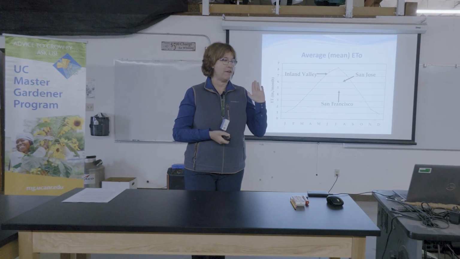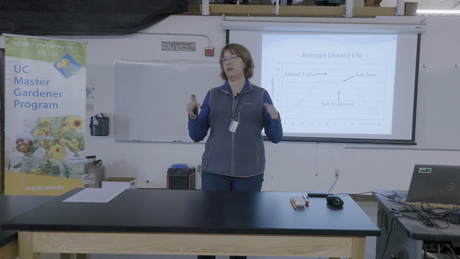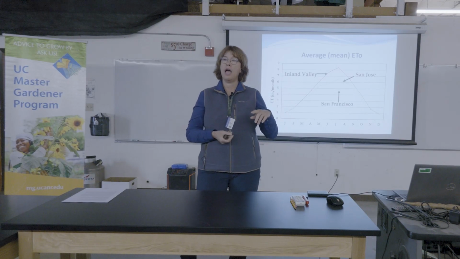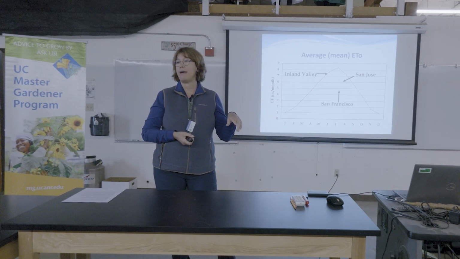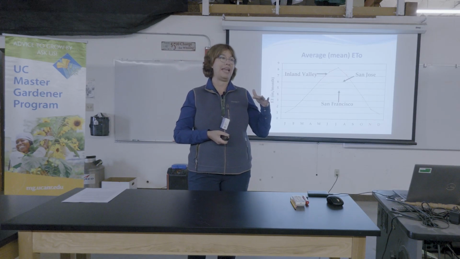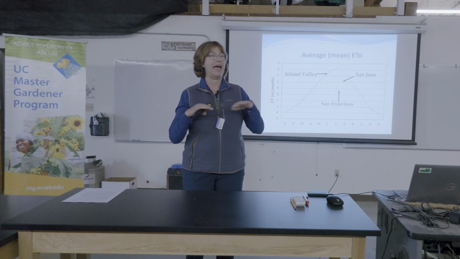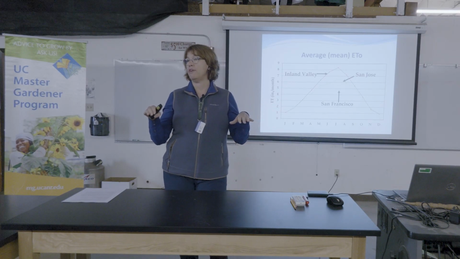So if I'm watering a lawn, especially a cool season lawn, or one that's green all year, it's going to use close to that amount of water each month, right? In Redding, it's usually 0.8 or 0.9 is what the use of that turf is going to be for that month.